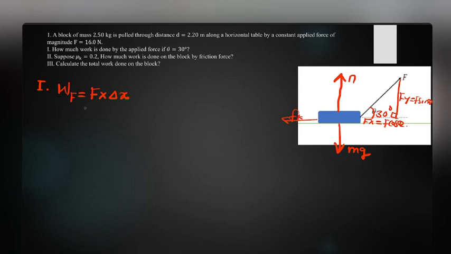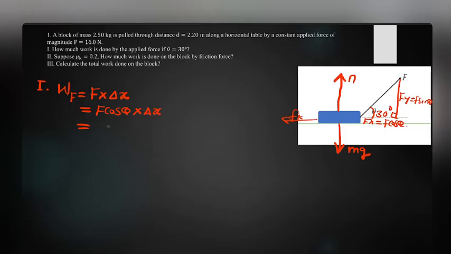When we look at the force, this force is being applied at an angle, so we're going to use the x component, because our block will be moving in the positive x direction. So this will be F cos theta, then we multiply by the change in displacement, which is the change in x.